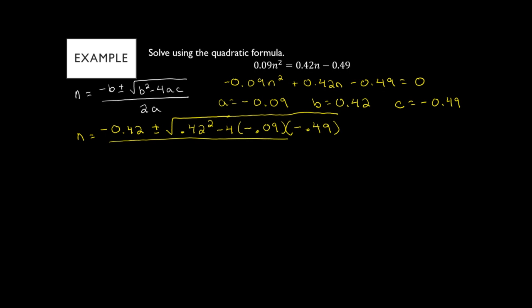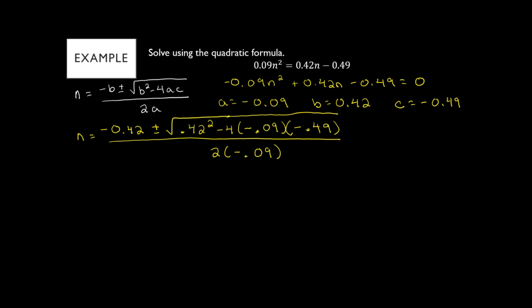And then the denominator, 2 times negative 0.09. So because of all these decimal points, this is going to take a lot more work. So I'm going to make sure that I have enough slide space for this. I think I'm going to need 2 slides, so I'm going to just add in another blank slide there.